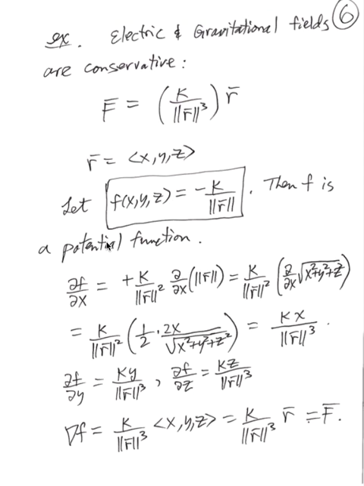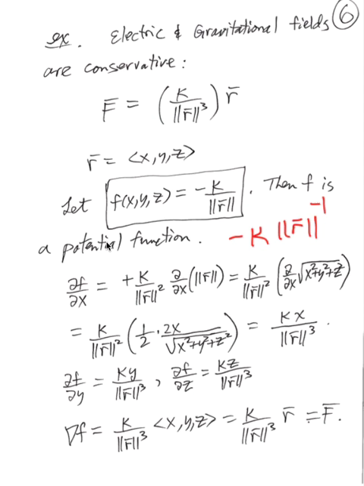Okay, how would I show this? Well, let's take the partial derivative of this thing with respect to x. First thing you would do, you're going to use a chain rule. This is negative k times the magnitude of r to the negative 1 power. So it would start out with a power rule.